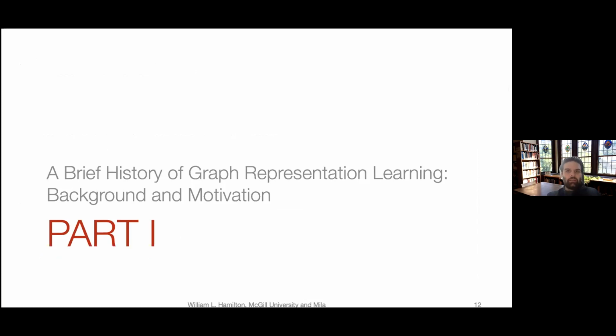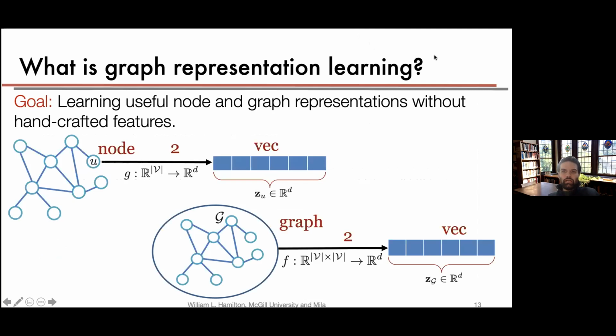Okay, so beginning now with this question of a brief history of graph representation learning. I think you can view the goal of graph representation learning as really two problems that we're typically interested in. Maybe this is an oversimplification, but at least this is how I'll think about it today.